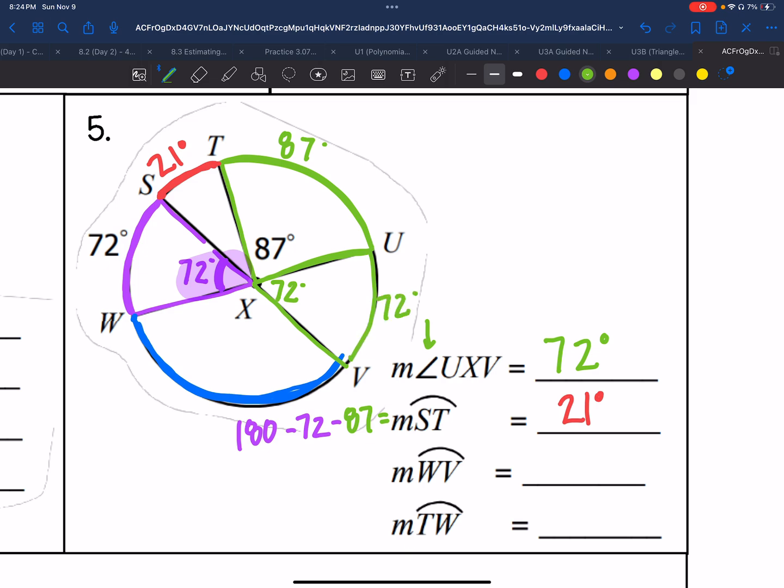So that blue portion is really the only part of the circle that we do not know yet. So we could take our whole circle, 360 degrees, and subtract all the portions that we know. So we could subtract 72, we could subtract 21, we could subtract 87, and we could subtract our other 72. And that would give us the rest of our circle, which is that blue portion.